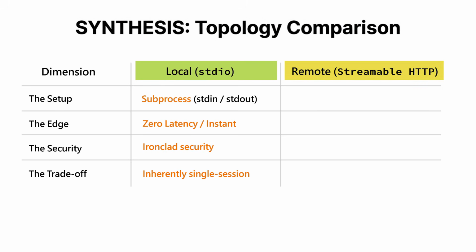Now let's talk about the remote topology, which is the high flyer. When you are ready to go big and serve an entire organization, you go remote. For the setup, your MCP server lives independently in the cloud, communicating via streamable HTTP, which is a mix of HTTP POST and server-sent events, the SSE. This is a multi-tenant architecture, allowing one centralized server to provide tools and context to a whole fleet of different AI agents simultaneously.